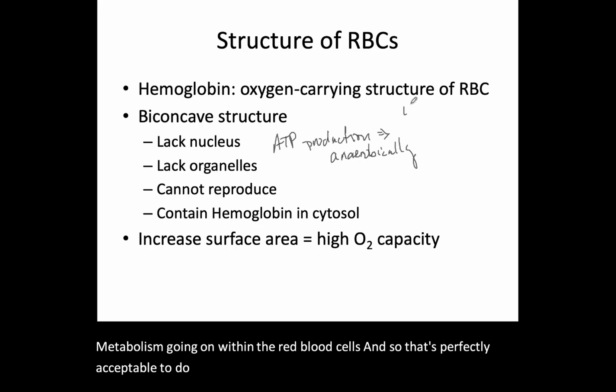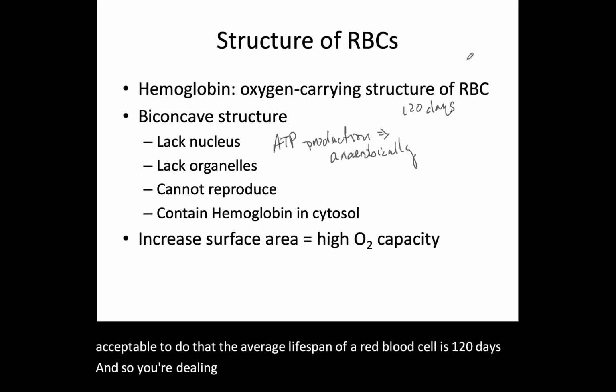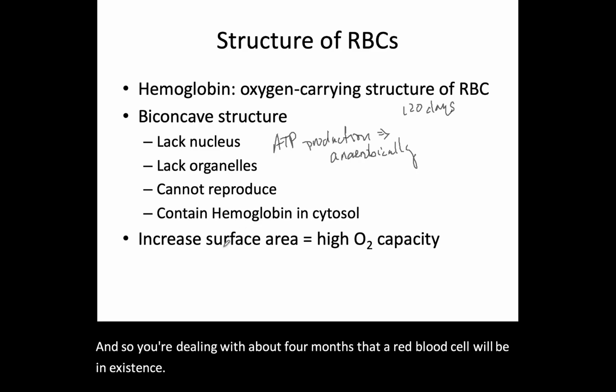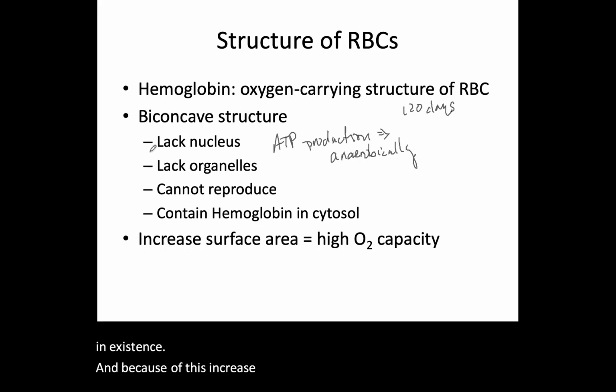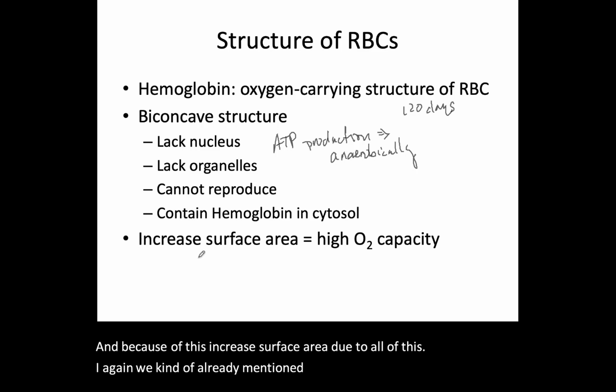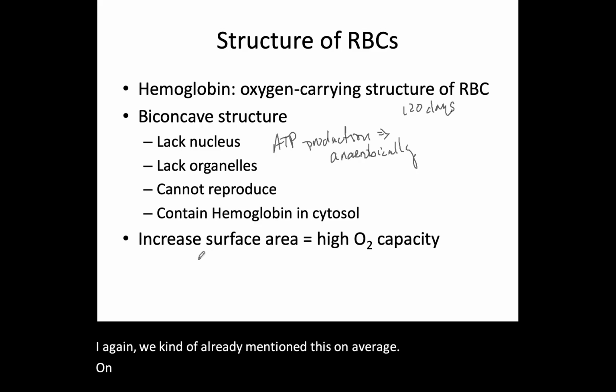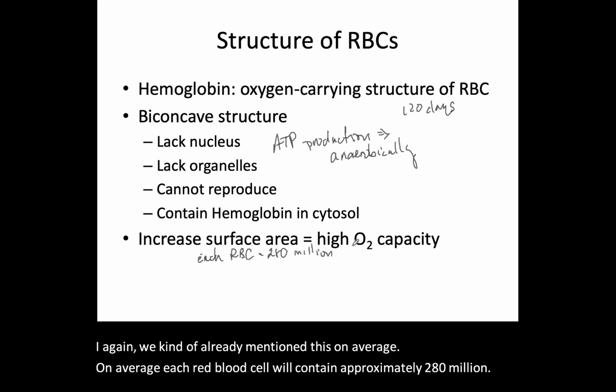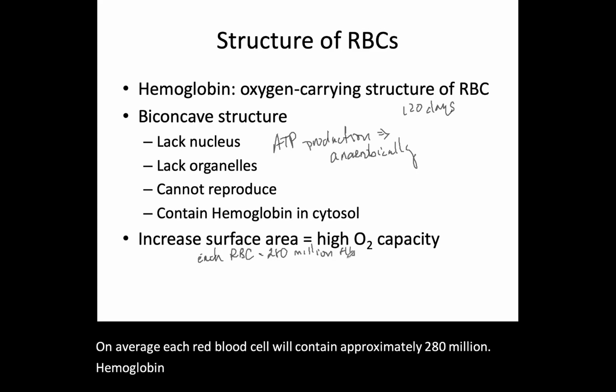The average lifespan of a red blood cell is 120 days. So you're dealing with about 4 months that a red blood cell will be in existence. And because of this increased surface area, due to all of this, on average, each red blood cell will contain approximately 280 million hemoglobin molecules, Hb.